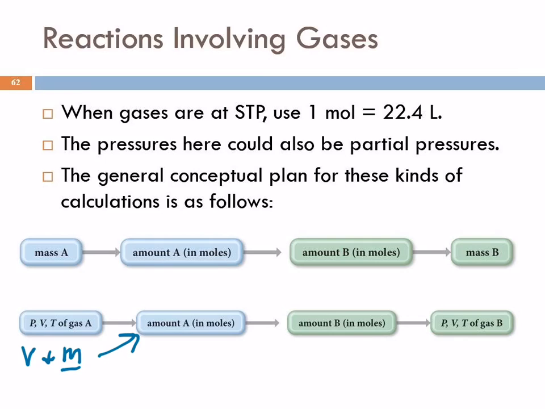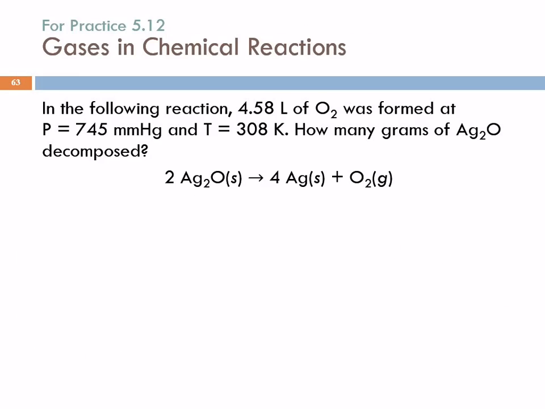Or we could end up with a volume and molarity of a solution at the end. So there's lots of variations. The common theme in all stoichiometry problems is moles to moles in the middle. Whatever you're starting with, you have to get to moles. You convert that to moles of your product or the other thing you're trying to find, and then you convert that to the quantity that's requested.